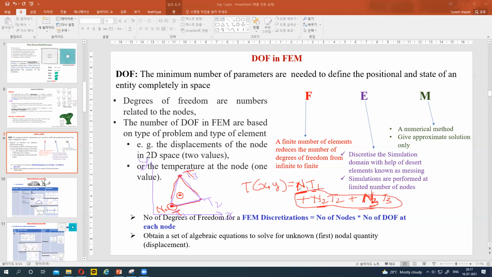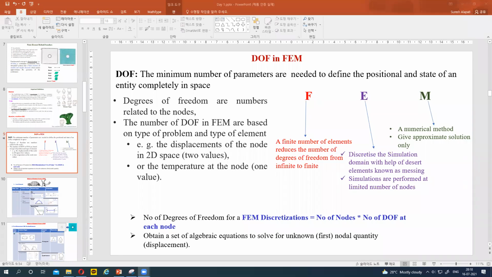Similarly here, N2 is equal to 1 and N1 and N3 are 0, so the temperature is T2. And here N3 is equal to 1 and N1 and N2 are 0, so the temperature should be T3. That is the shape function.